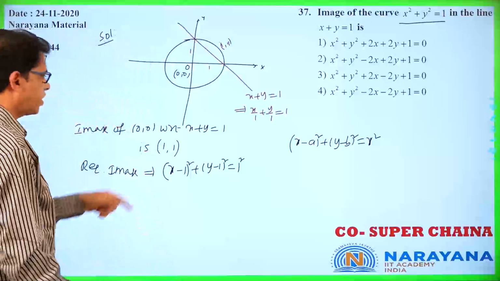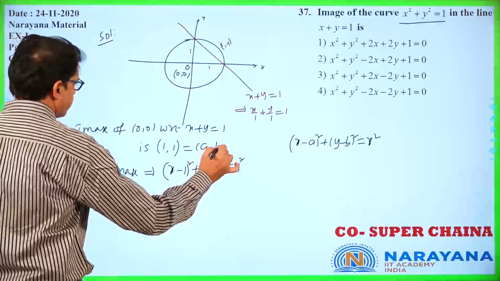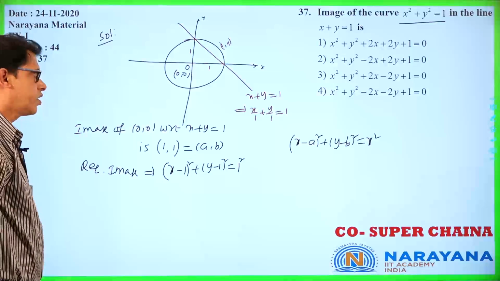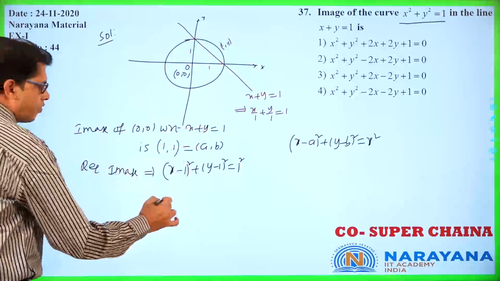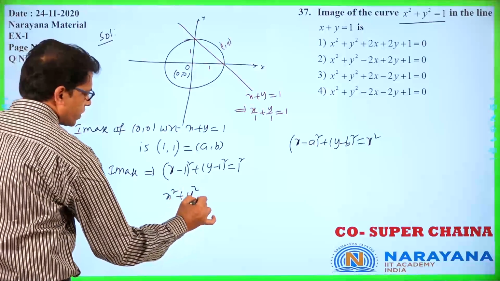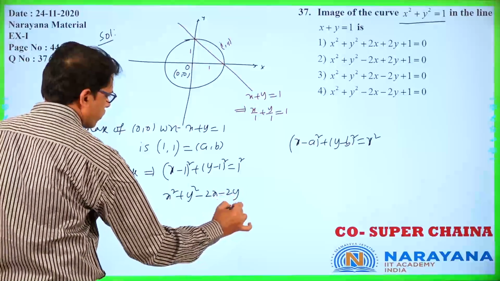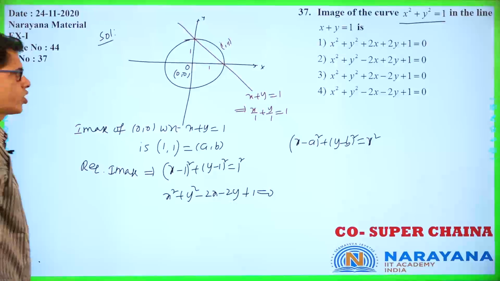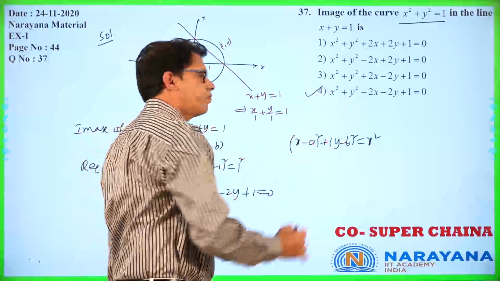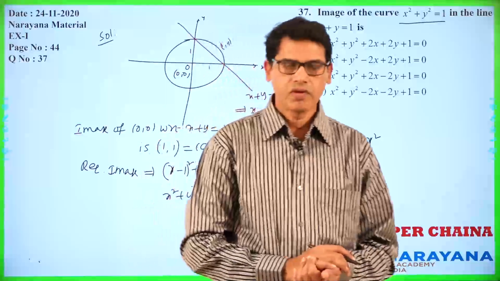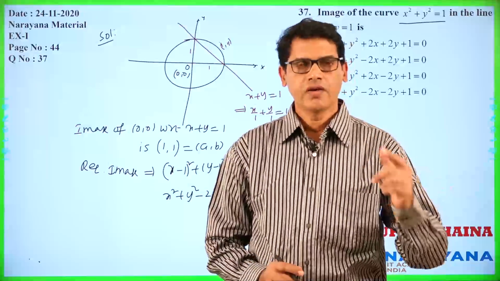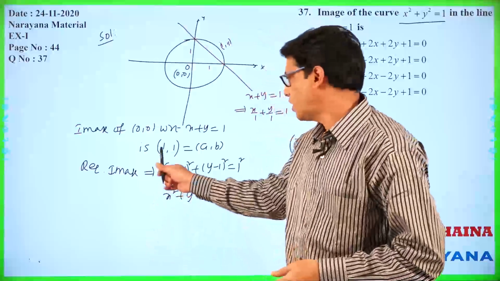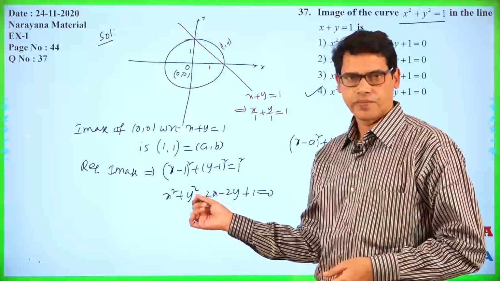So the radius remains the same, 1 unit only. That implies if you expand, what we get? x square plus y square minus 2x minus 2y plus 1 equals 0. Means fourth option. To find the image of the given circle, find the center of the image circle. So what is the required center? 1 comma 1. Radius is the same.